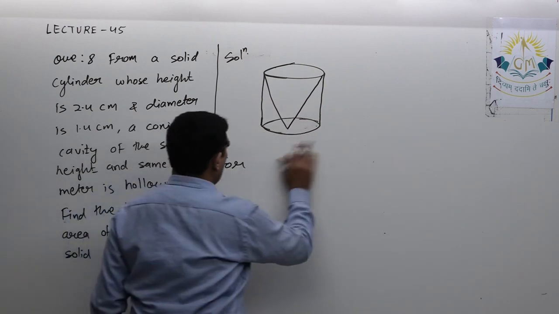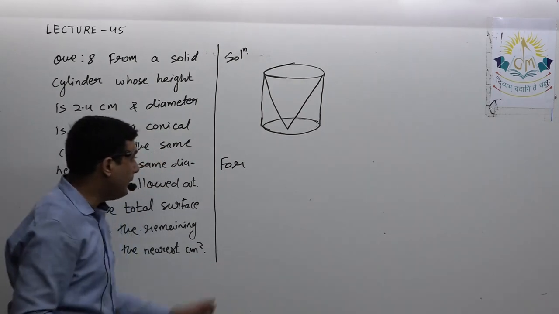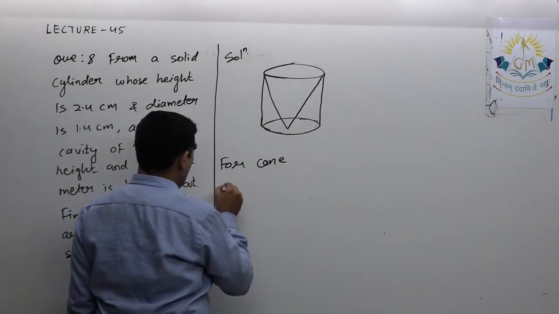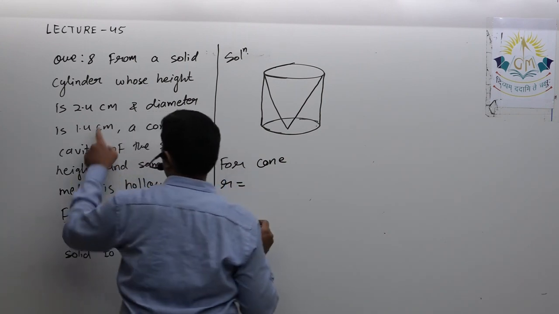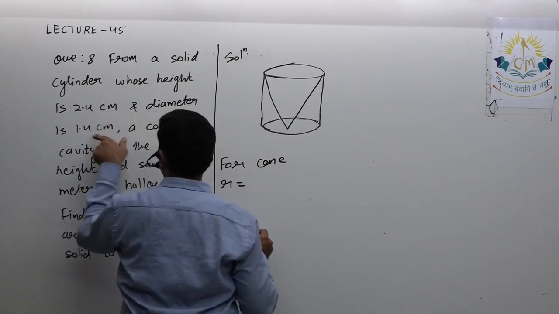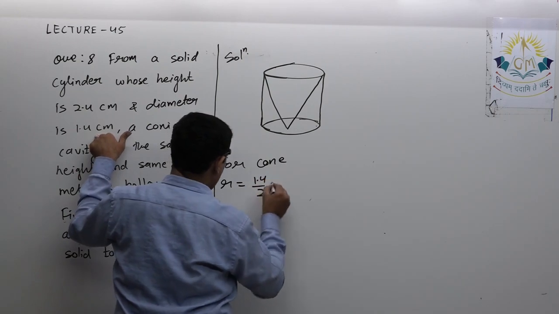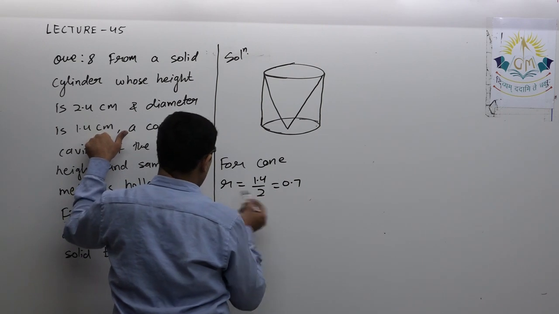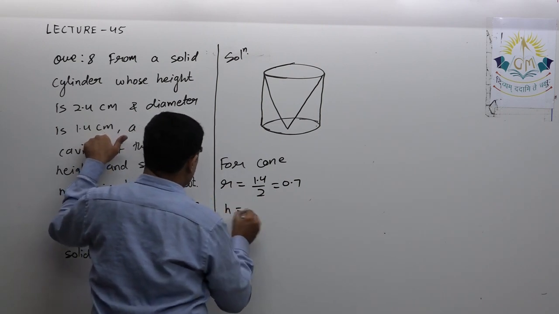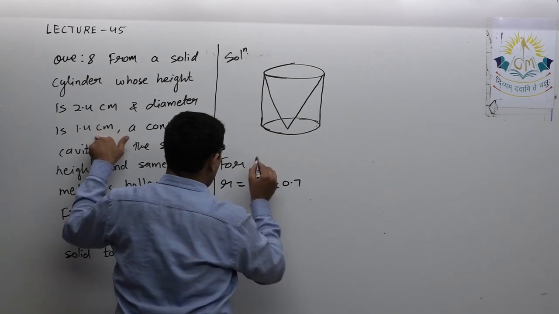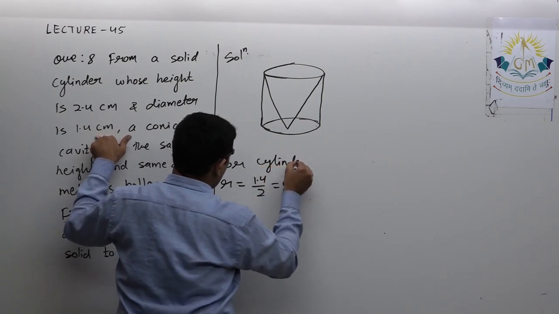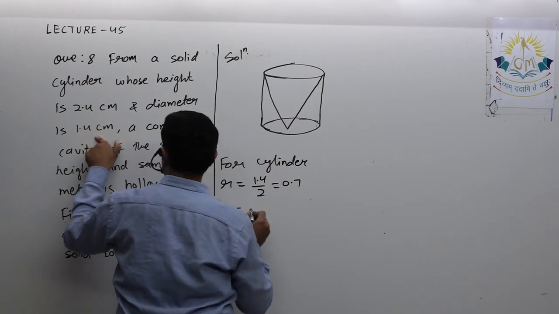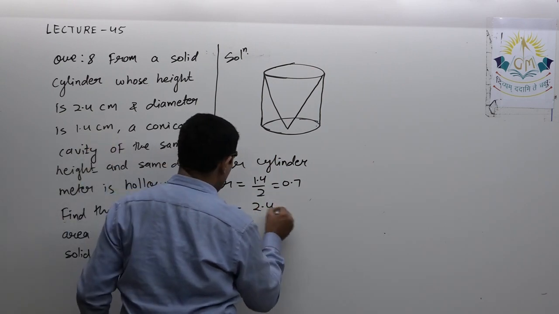So first of all, here we write the dimensions which are given. First we write for the cylinder. R is equal to 0.7, the diameter being 1.4, and H is equal to 2.4 centimeter.